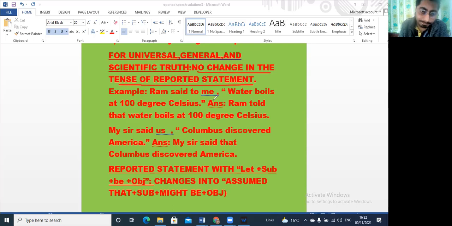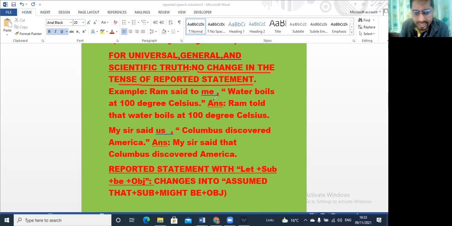Now let's know more. There are 8 planets in the solar system. This is also a universal fact. The sun rises in the east, the sun sets in the west.